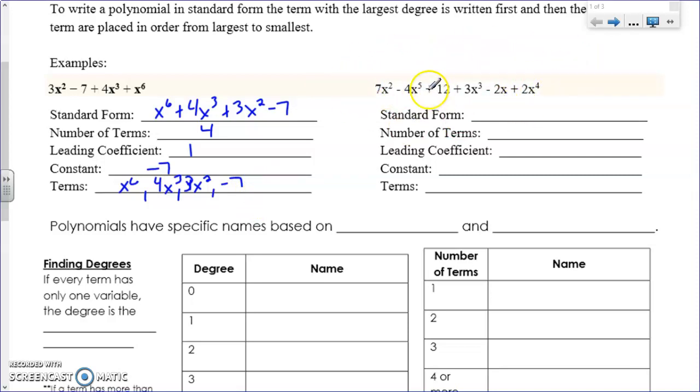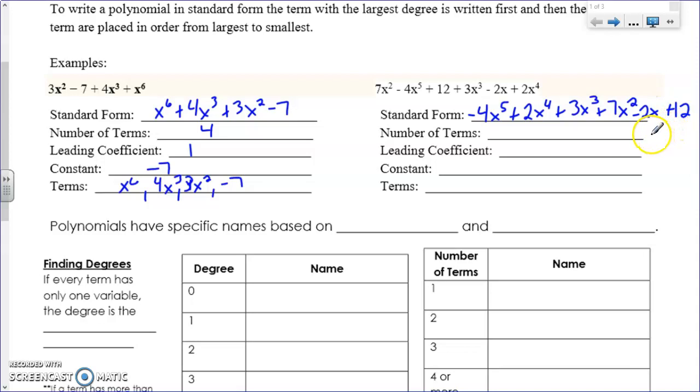All right, looking at this one. What is the highest exponent here? So we do negative 4x to the 5th. And then 2x to the 4th, 3x cubed, 7x squared, minus 2x, plus 12.